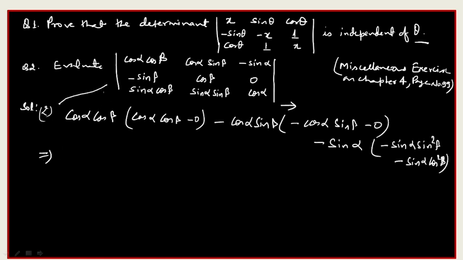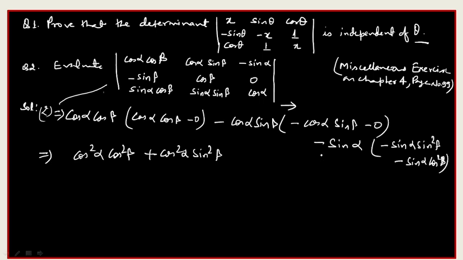Then further, this evaluation here we can write like this. Cos alpha cos beta and cos alpha cos beta. So it will become cos square alpha cos square beta. Then minus cos alpha sin beta, and here minus cos alpha sin beta. So minus and minus will become plus. So cos square alpha and sin square beta.